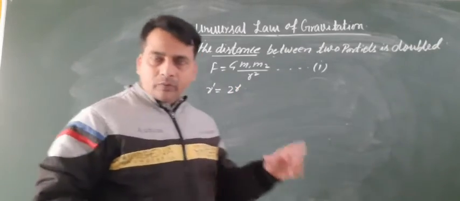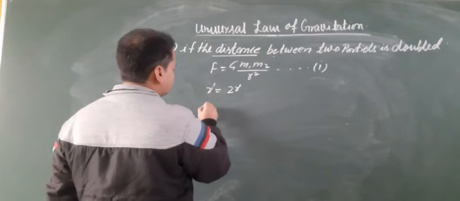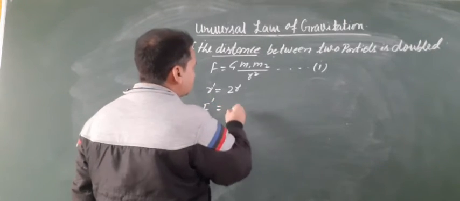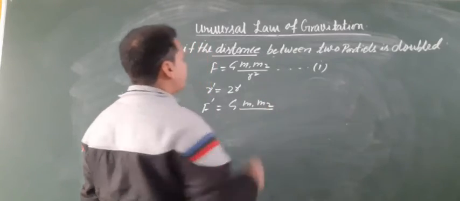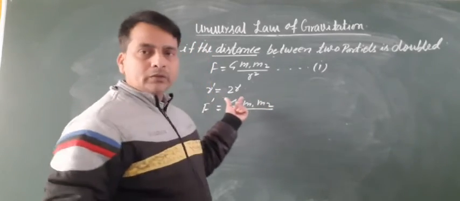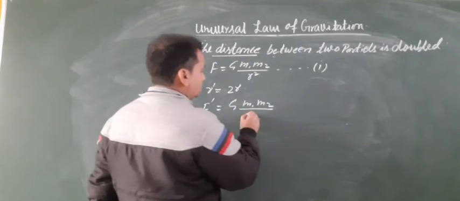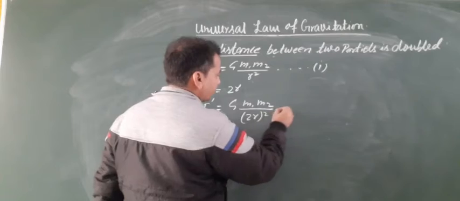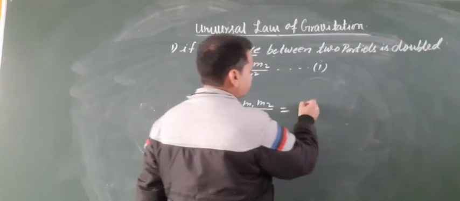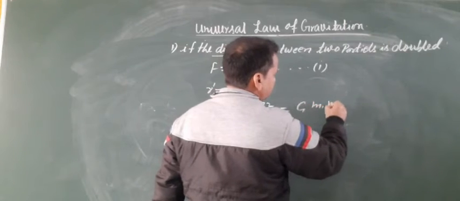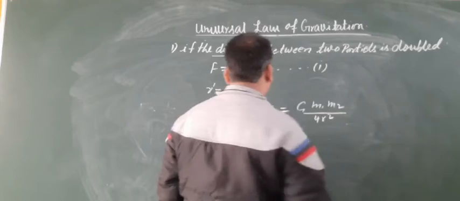Then new gravitational force, that is F dash, equal to G m1 m2 by the value of r, here 2r, so 2r square. Then G m1 m2 by 4r square.